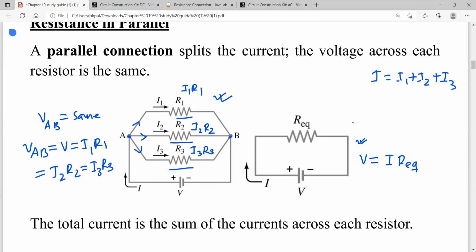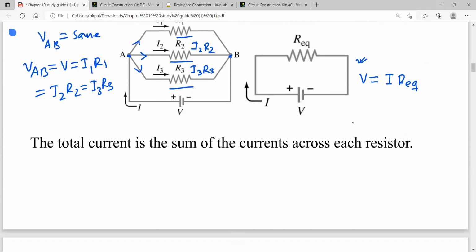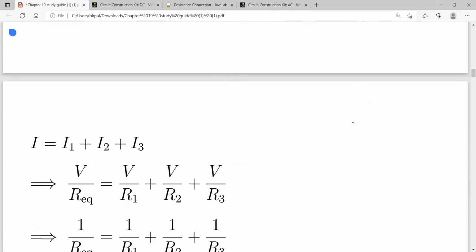So when they are connected in parallel like this, and because all the lines are connected between A and B, the potential of all these lines will be the same. So here I1 R1 is equal to VAB, I2 R2 is equal to VAB, and so on. With this we can derive this equation.